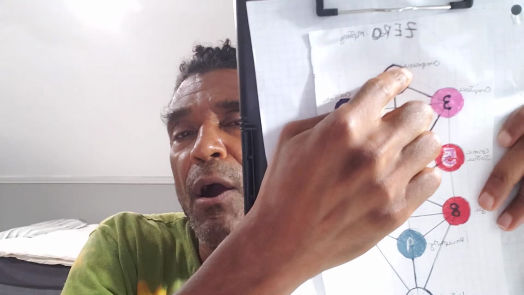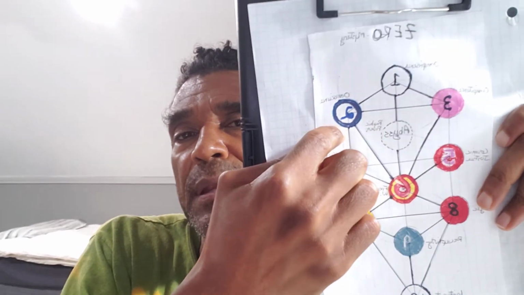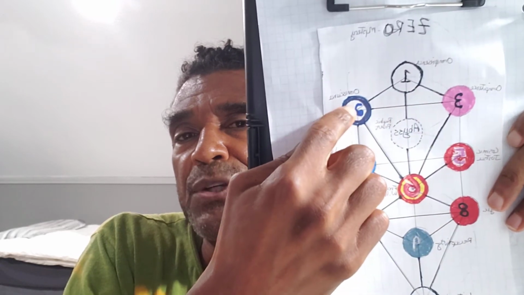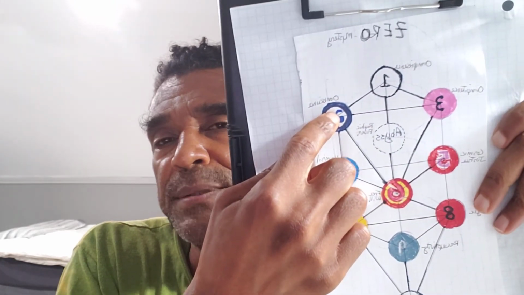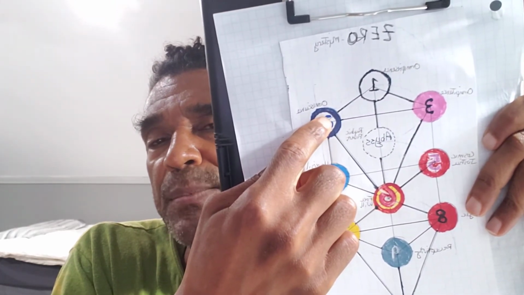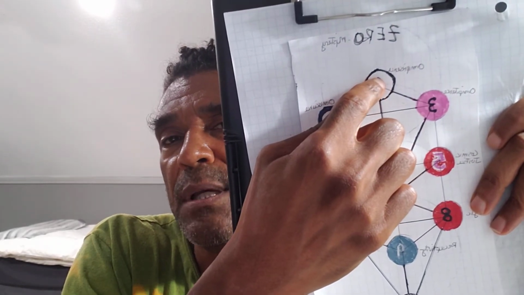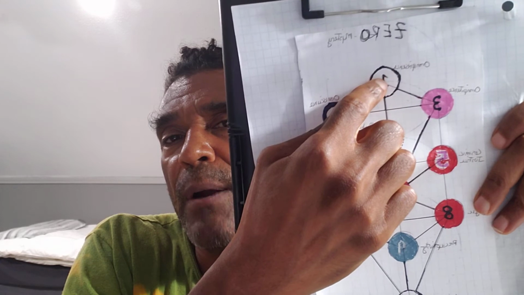Then the 3, 2, and 1 at the top of the tree are our divine faculties within. And this is omnipotence, all powerful, omniscience, all knowing, or wisdom, our ability to solve problems. And then omnipresence, all present, all at once, eternally, everywhere.